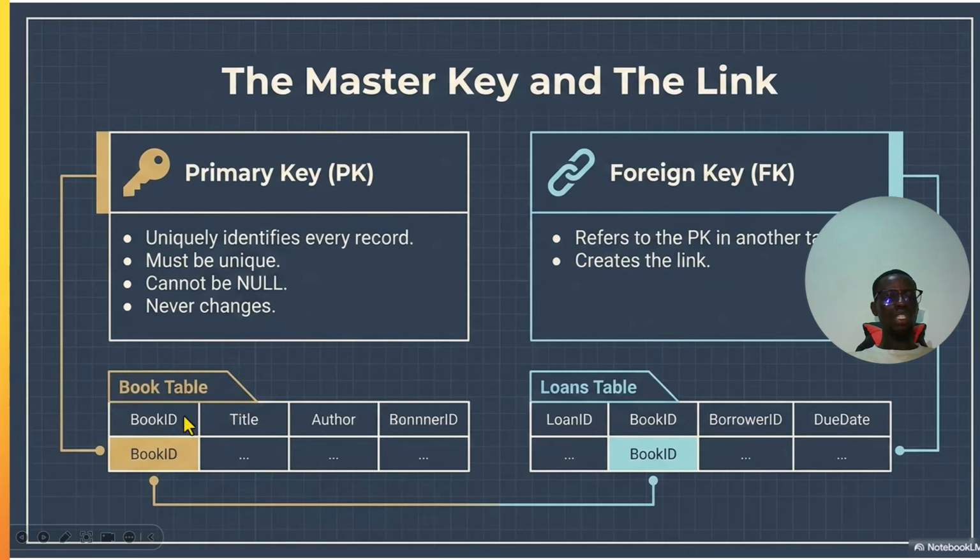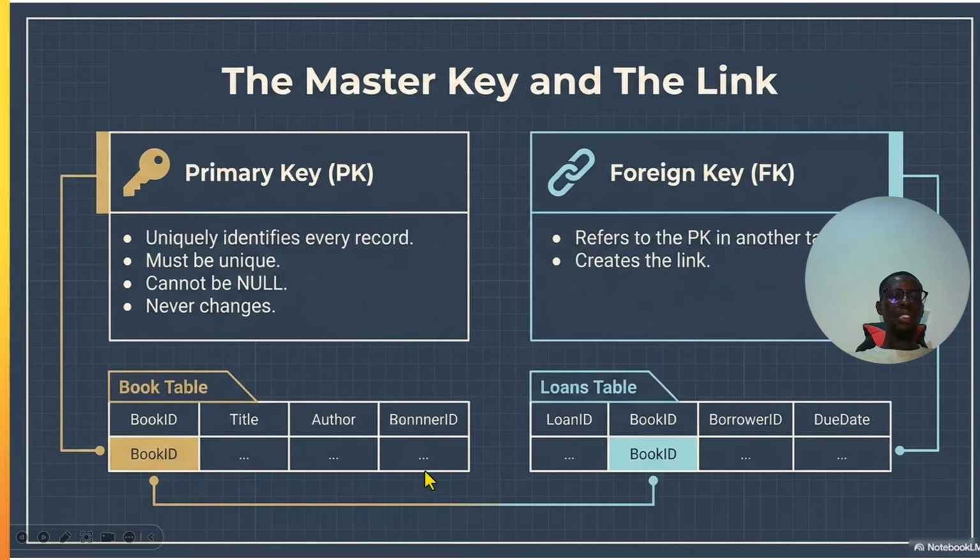Now when you come to the book table, this is a table that we've created for a book. The primary key in here is the book ID, meaning they've given the book what? An ID number, and then the book ID has some attributes or things describing it. So we have the book title, the book author, then the book owner ID.